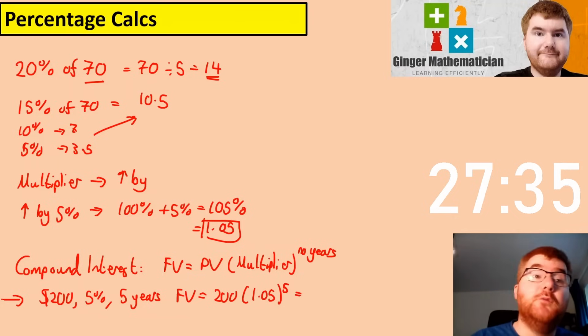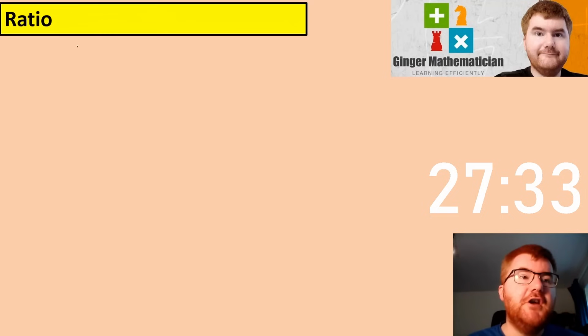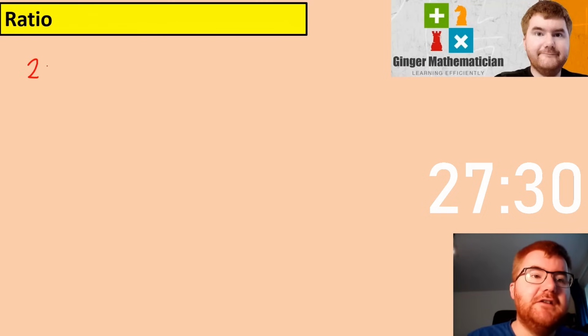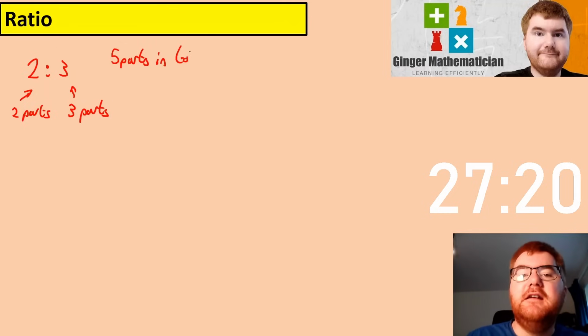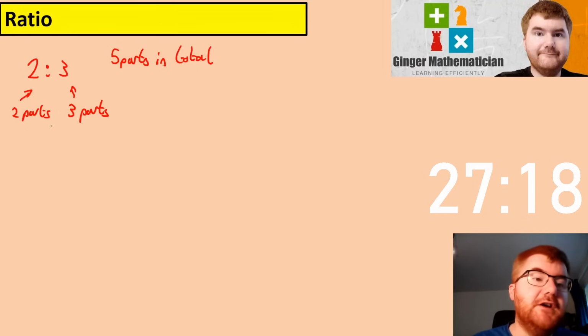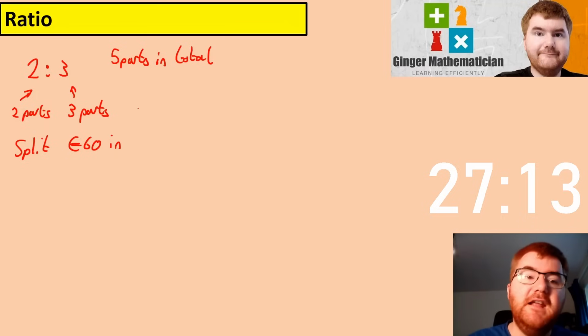Some questions you have to work backwards as well. Ratio, so ratio is just something like 2 to 3, where we have 2 parts here and 3 parts here. So we have 5 parts in total. So we're splitting something into particular parts. Common question is split 60 euros in the ratio of, say, 2 to 4.